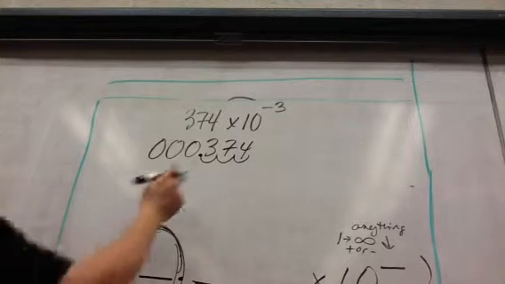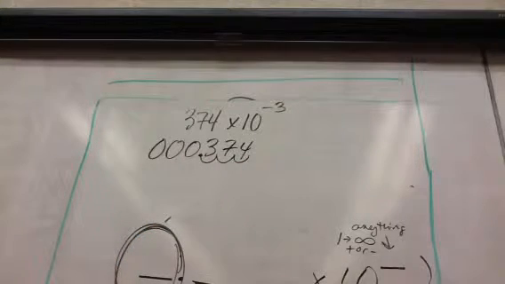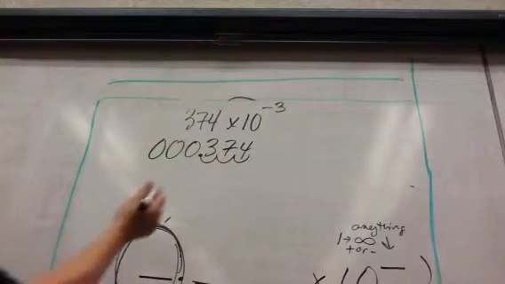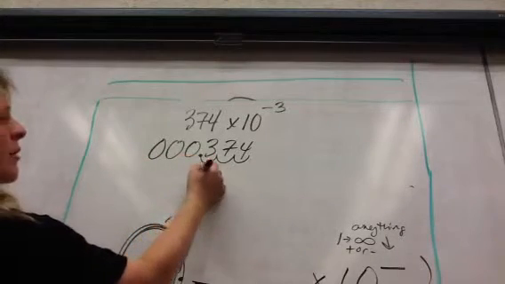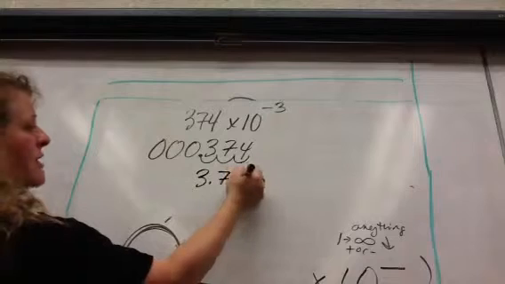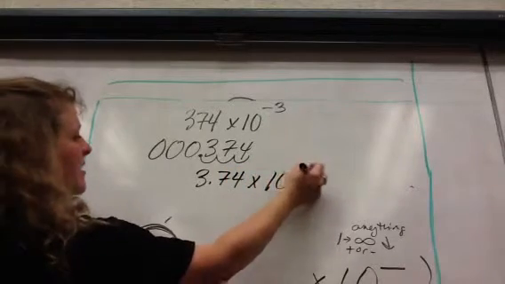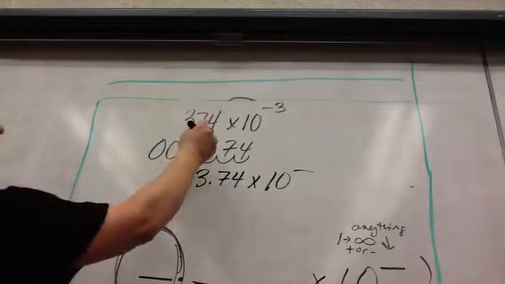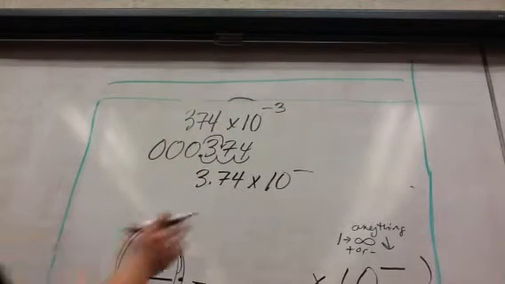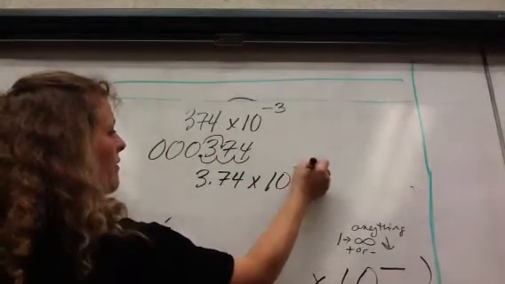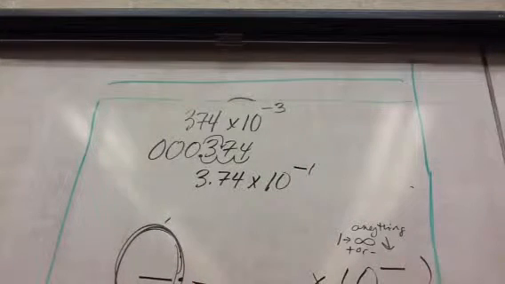So really, that's the number we're looking at. Okay, look online, because this will all be online. We know that we need this to be in the form of 3.74 times 10 to the something. Well, to go back 1 gets us the correct decimal placement. So this is 3.74 times 10 to the negative 1. That's pretty easy, right? Questions on that?